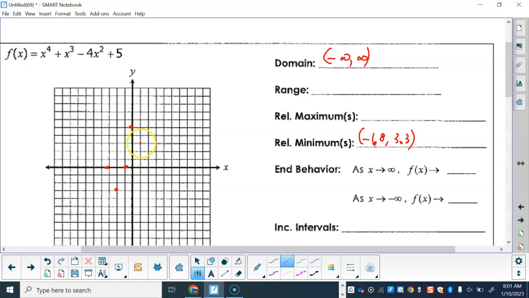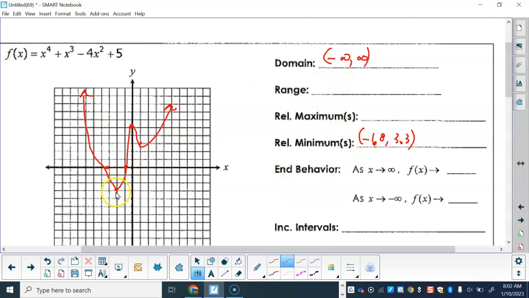So let's go ahead and put this sketch in here. You pull this right off the graphing calculator. So it looks something close to that.